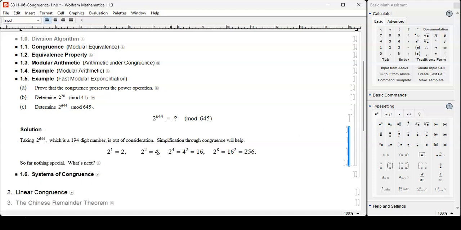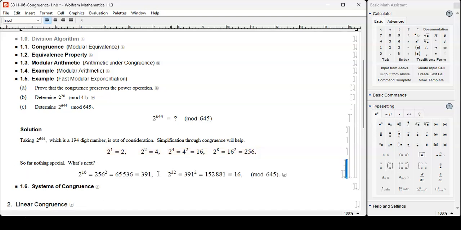2 and then 2 squared is 4, still too small, so square it again, 2 to the 4th power, that's 16, still too small, square it again, 256, still too small, square it again, and then we have 2 to the 16th power. Finally, that exceeds 645, so we need to do some reduction.